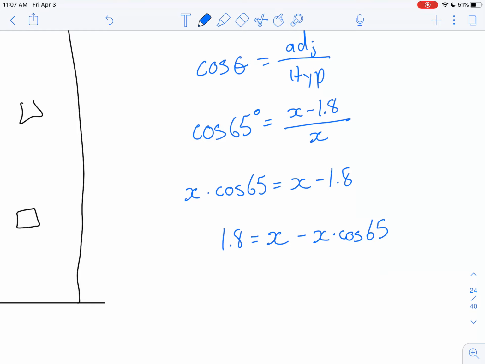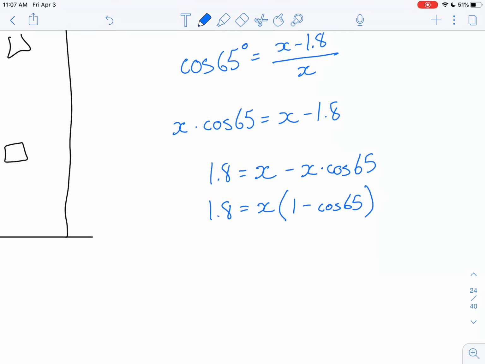So what I'm going to do is I'm going to say 1.8 is equal to, I'm going to greatest common factor in x out of both of these, because x is in both of those. I'm going to have 1 minus cos 65. See how it's greatest common factor in x out of there? And I'm doing this just to be a little more accurate than typing cos 65 into my calculator right away.